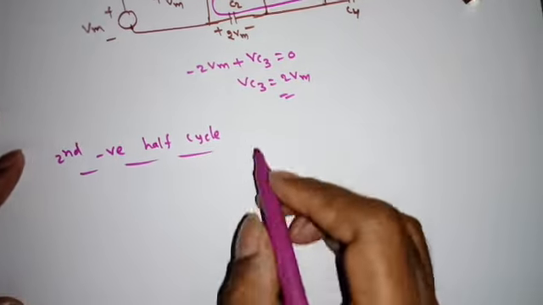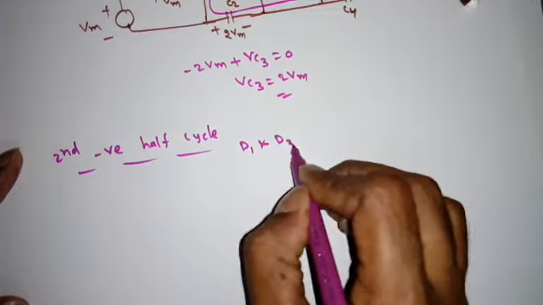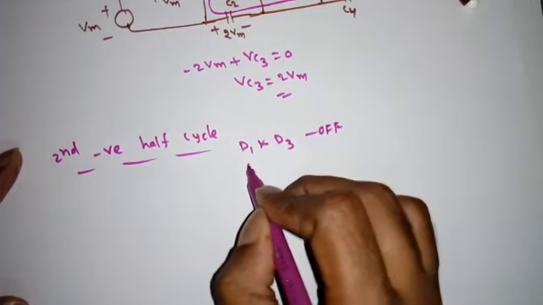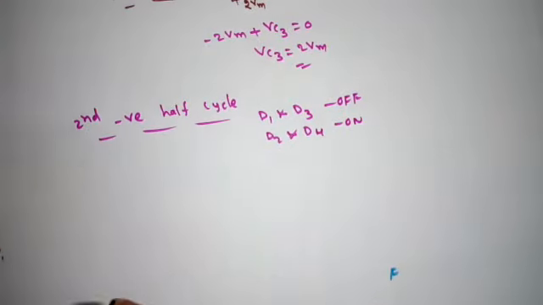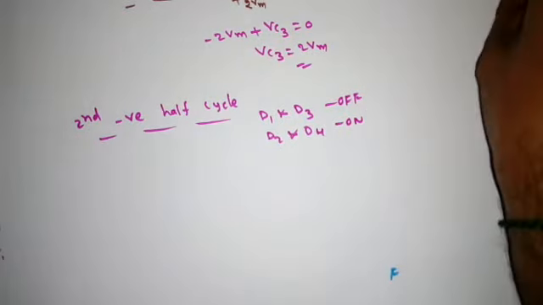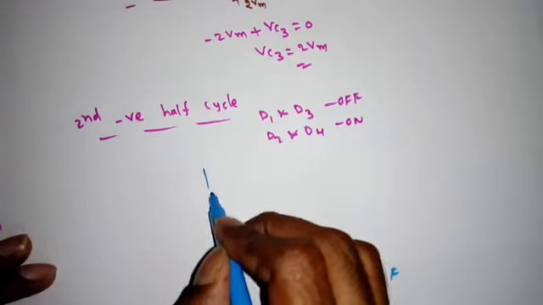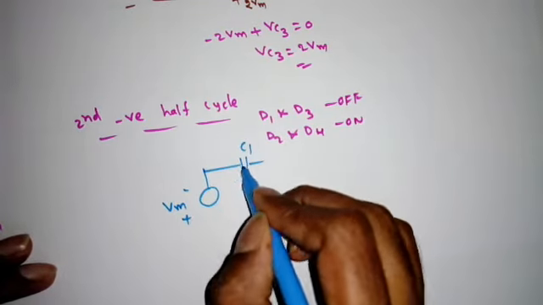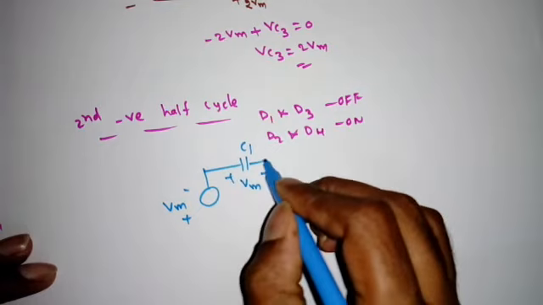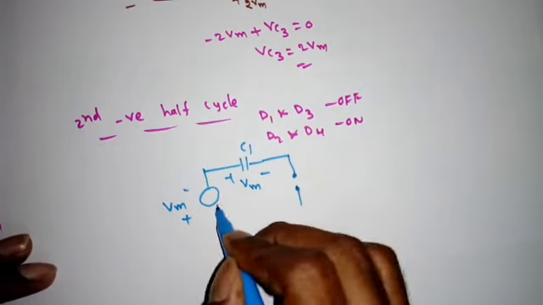Again the same scenario, D1 and D3 off, D2 and D4 on. So the maximum I can apply how much? Minus Vm. So minus plus Vm. The capacitor C1 is charged to Vm. This will be open.